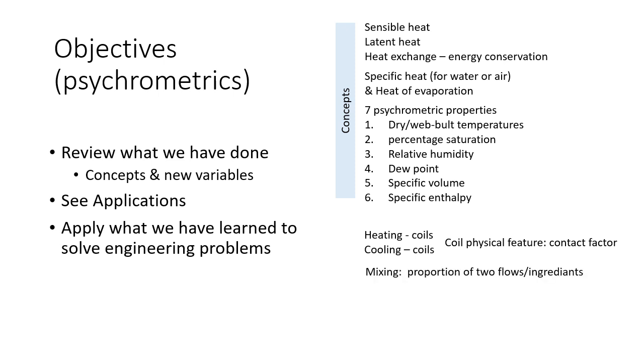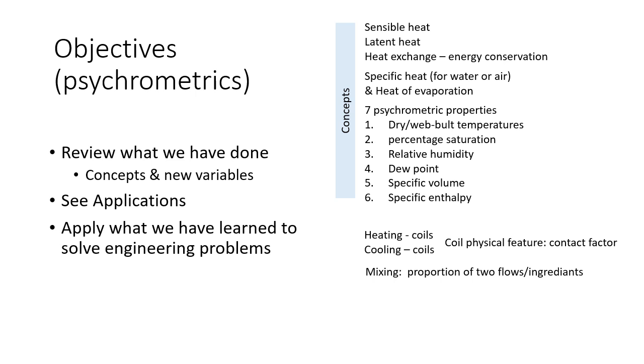And then we have another engineering solution. The cooling coil and heating coil allow heat exchange to take place. Similarly in engineering, we tend to mix two different flows together, and then we have a new temperature, new moisture content, new specific volume, a new specific enthalpy, and so on.